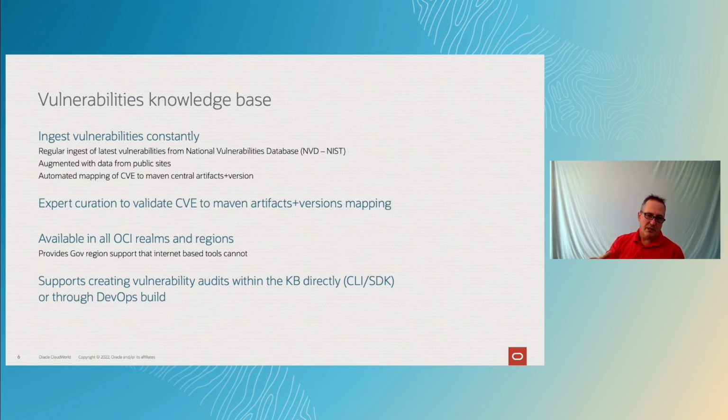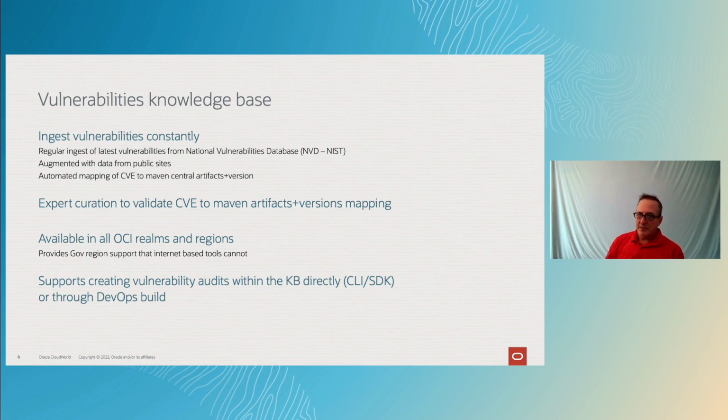So on the client side, you would calculate all the dependencies that your application has, send that over to the ADM service, and it will give you back this vulnerability audit with a list of all the vulnerabilities that your application is currently exposed to, and all the scores, the criticality of those vulnerabilities are then reflected to you.